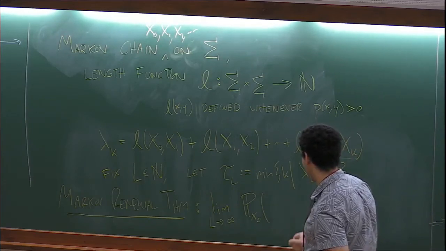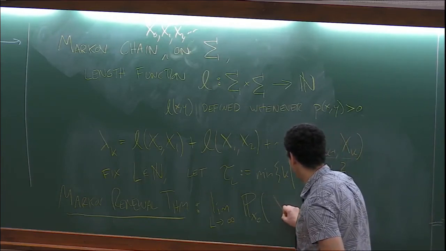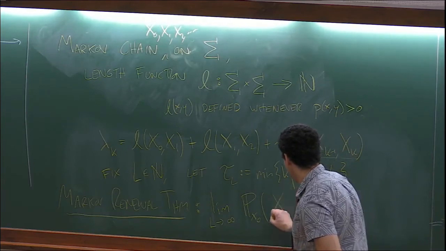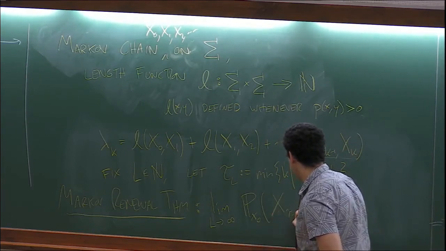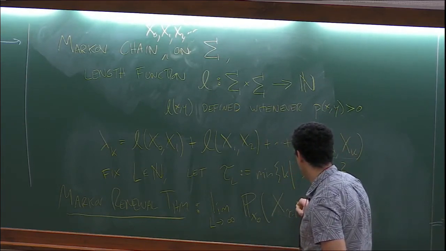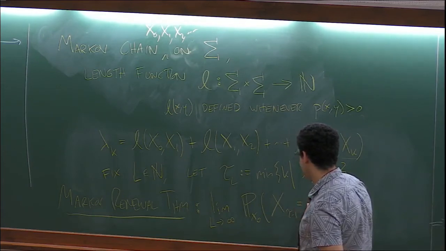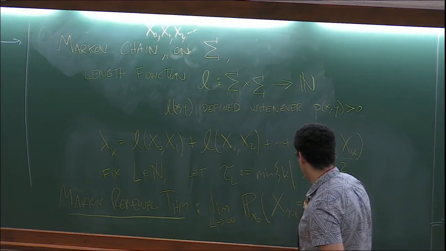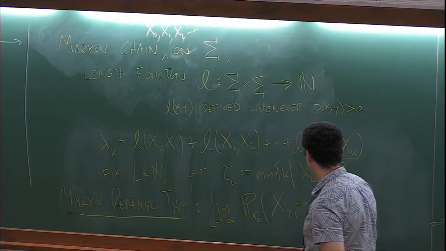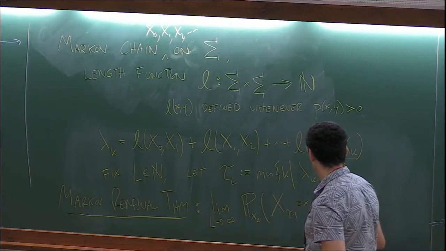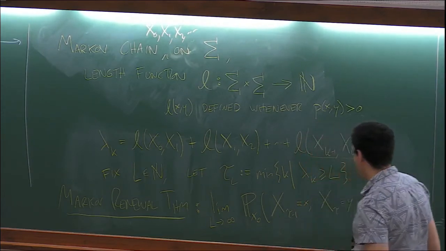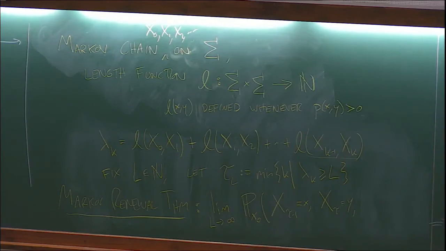So let's say x_{tau minus 1} equals x, and x_tau equals y. And then you could also ask, well, by how much did you exceed your target of L?